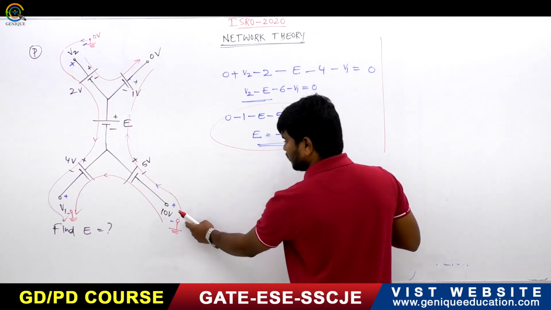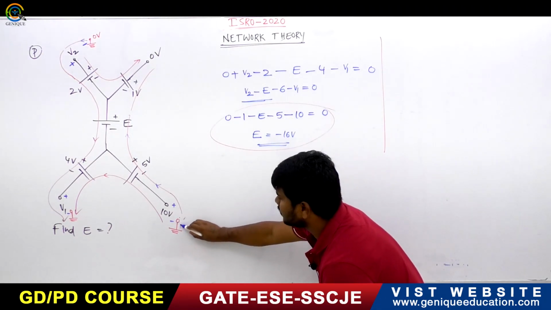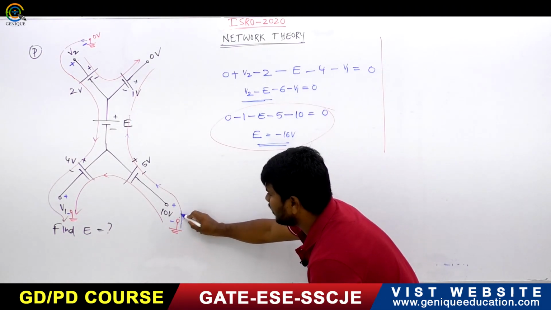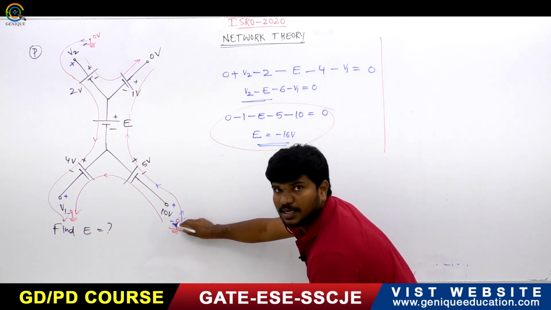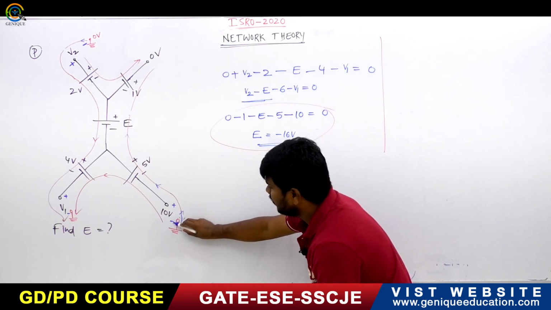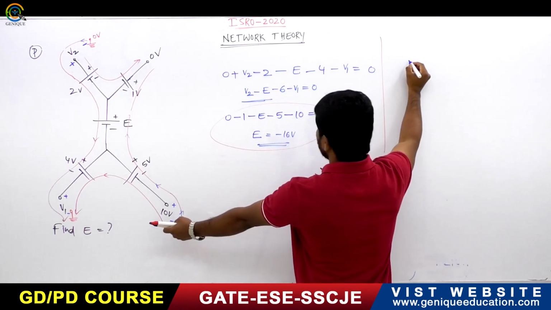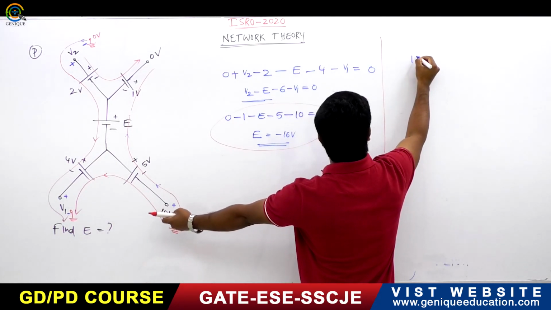So what happens here? The current is coming like this. The negative terminal is meeting the current, so I have to take a positive 10 volts.